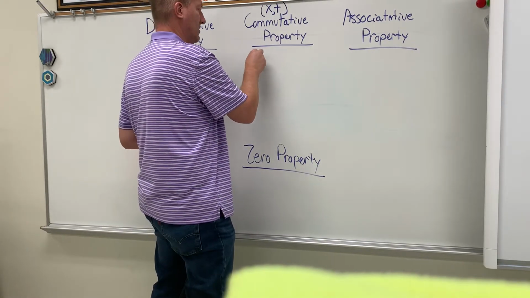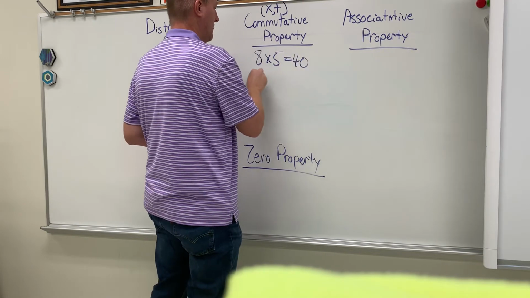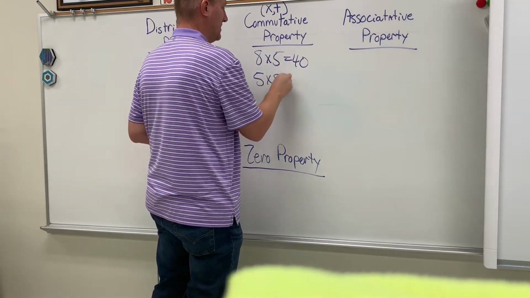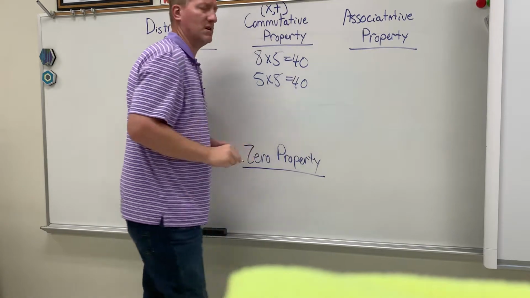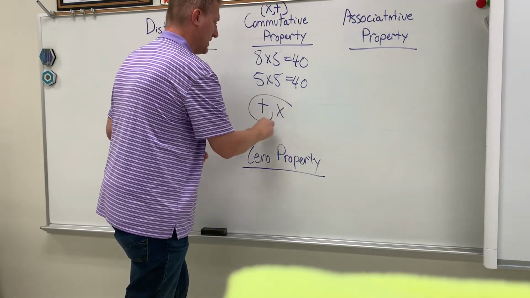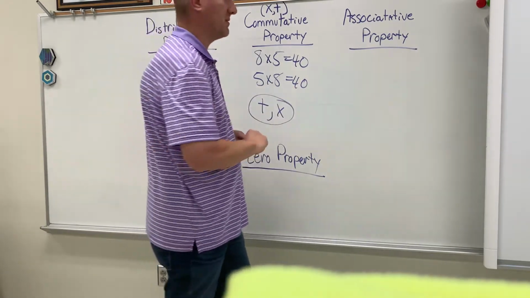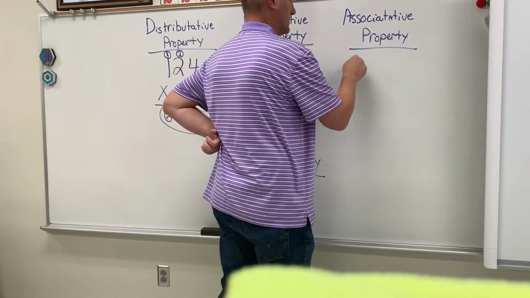I'll put it back up here again. 8 times 5 equals 40. 5 times 8 equals 40. So that's the commutative property, and that works with addition and multiplication. Okay, how about the associative property? Let's see if that works.